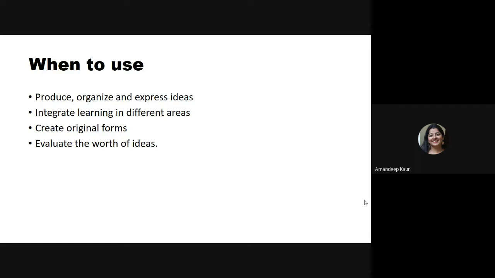At the same time, when the teacher wants the student to integrate learning in different areas. Say, for example, you have defined something or explained a concept to the student, and now you want that concept to be applied in a given situation. Another example is the working principle explained by the teacher for XYZ machinery.